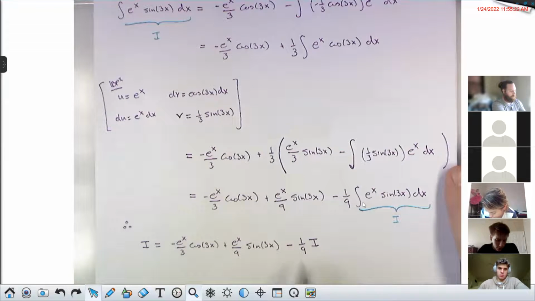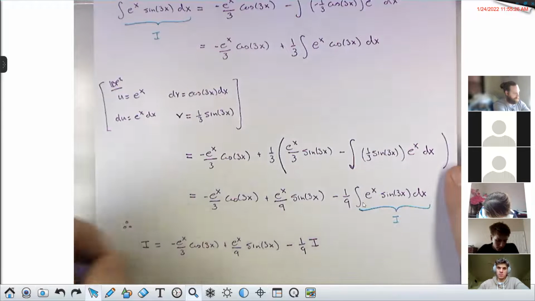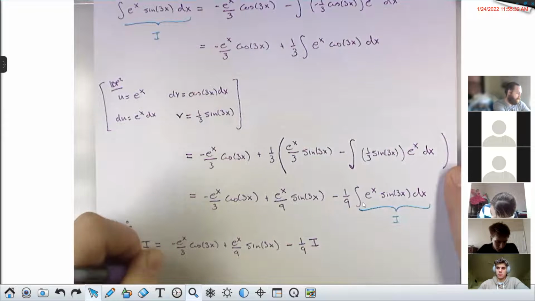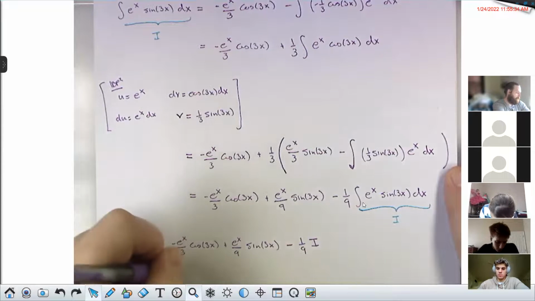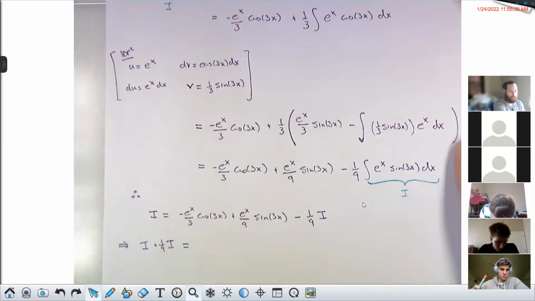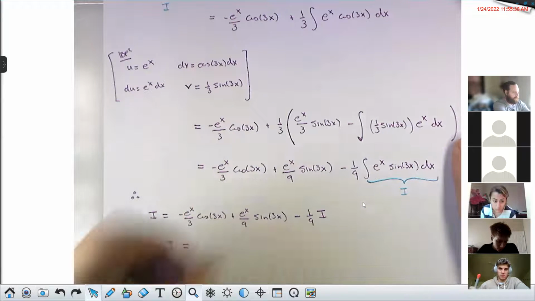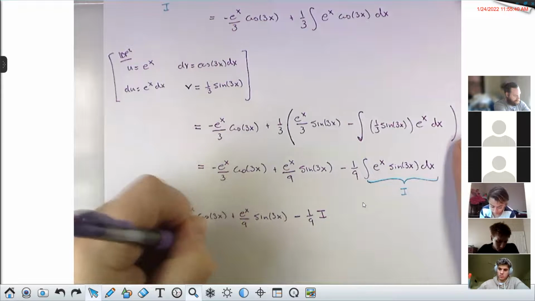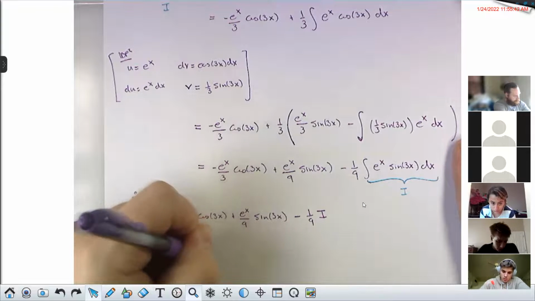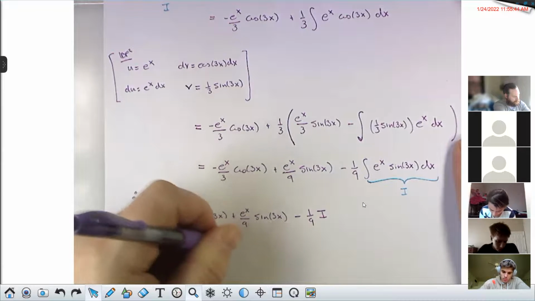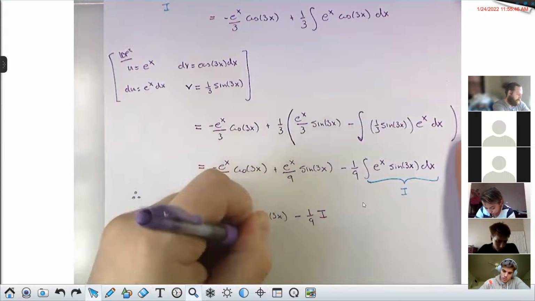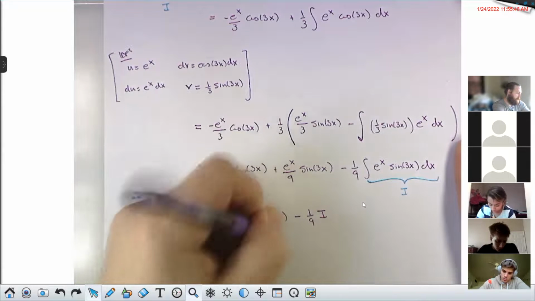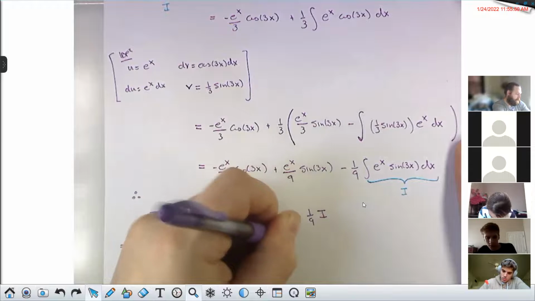And if I add 1/9 I to both sides, then I get I plus 1/9 I equals this stuff. Negative e to the x over 3 cos 3x plus e to the x over 9 sine 3x.